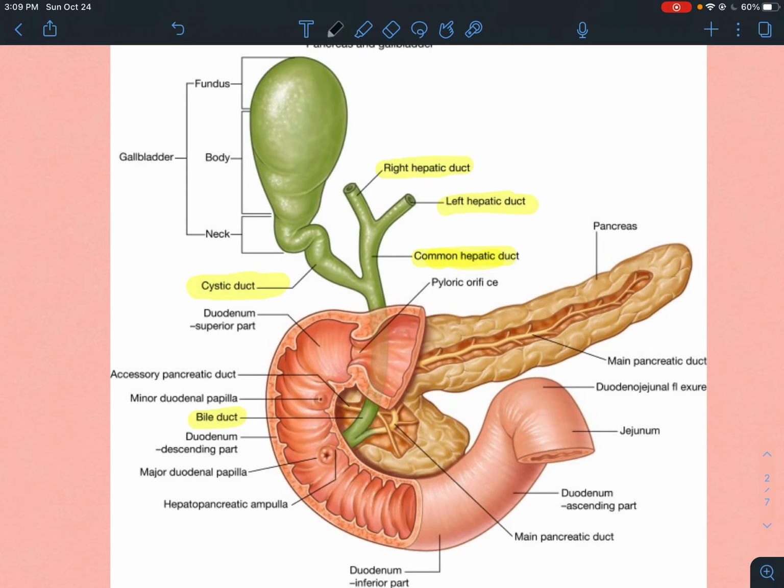From the pancreas, we see that we have that main pancreatic duct going right down the middle of that pancreas. And if we follow that, now here you'd have to kind of go behind this to follow it, but this is the continuation of that pancreatic duct. And there where the two ducts meet is the ampulla of Vater, as was discussed previously.